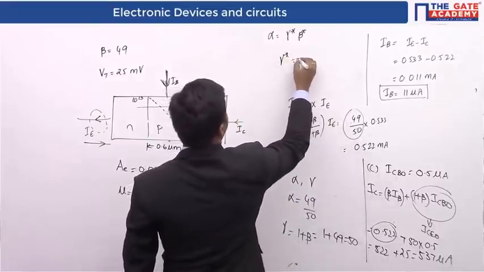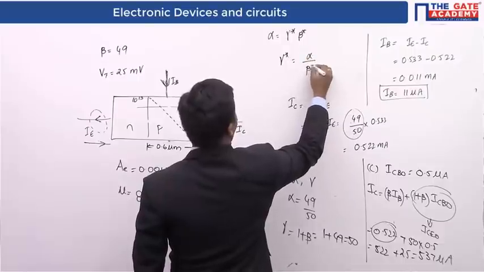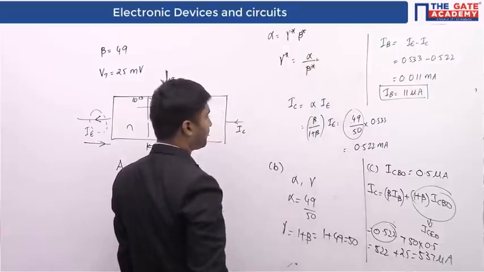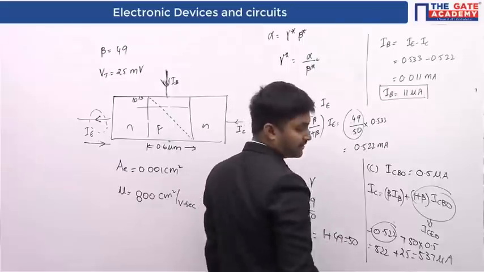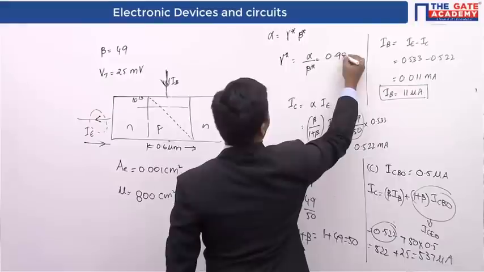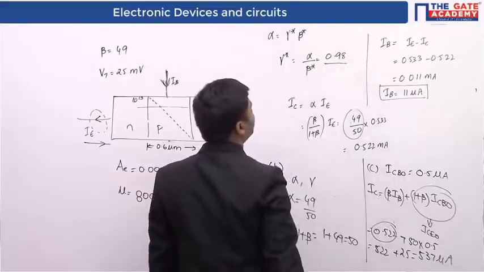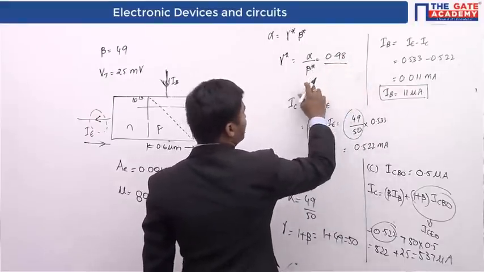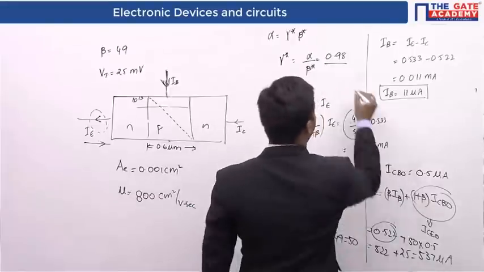Gamma star is going to be equal to alpha by beta star. What is alpha? Alpha is 49 by 50, which is 0.98, divided by beta star. What is beta star? 0.99.